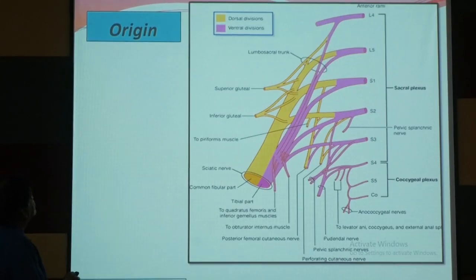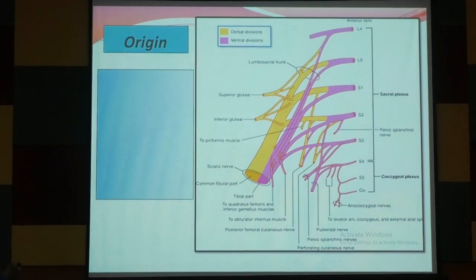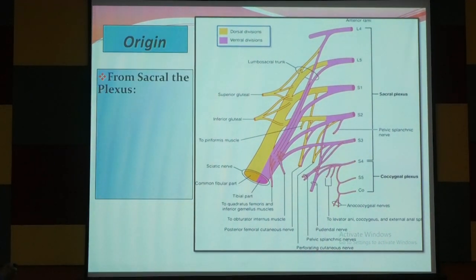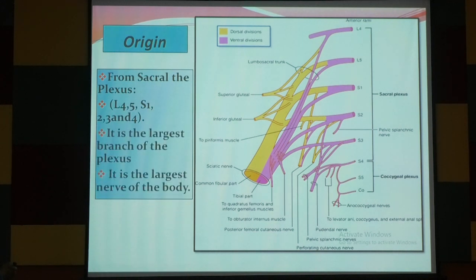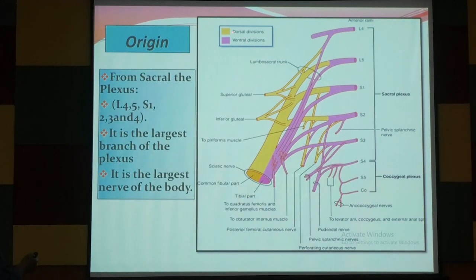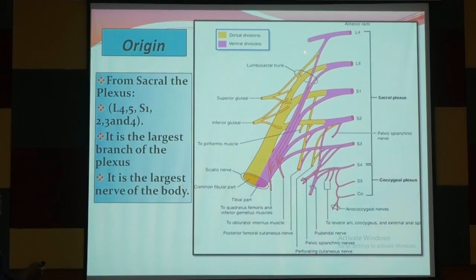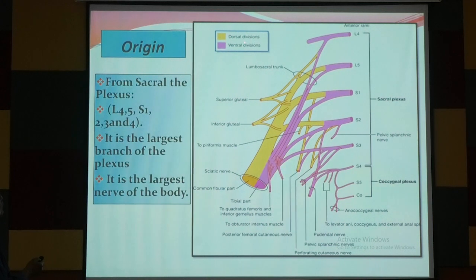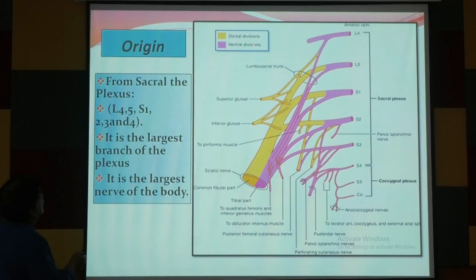Now, origin. In this yellow coloring is the dorsal division, and the pink is the ventral division.